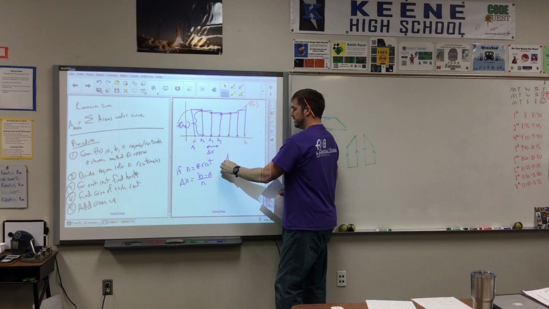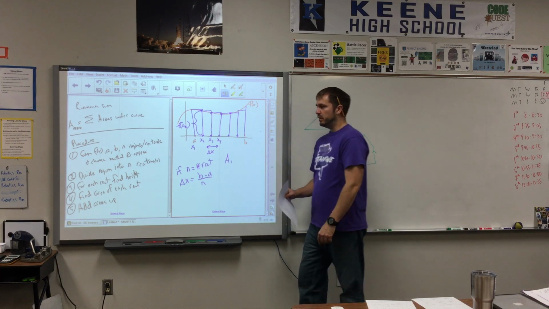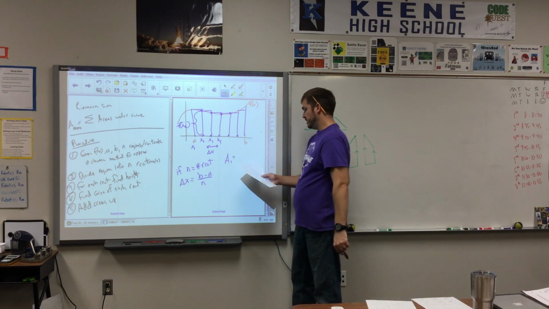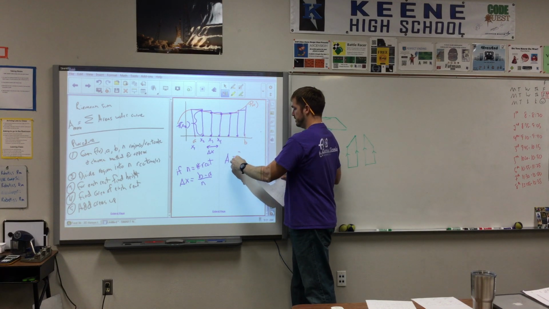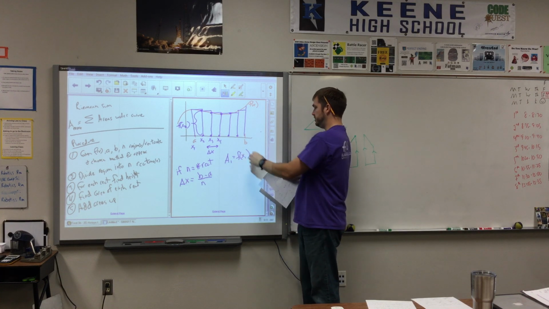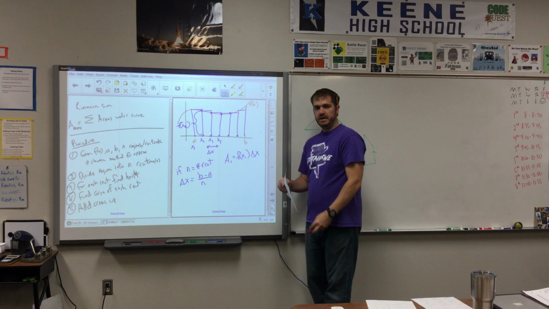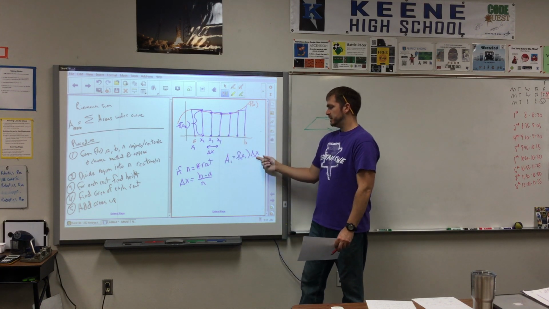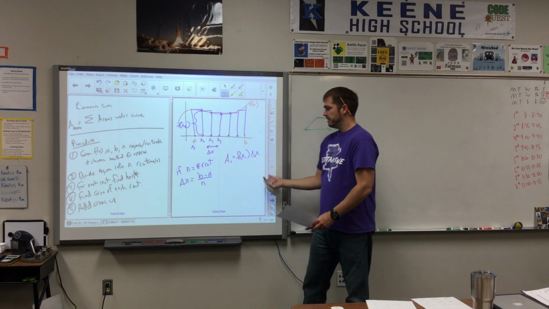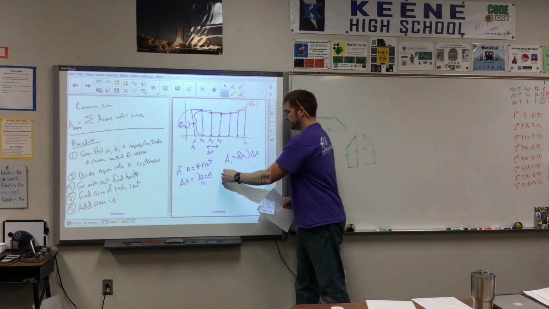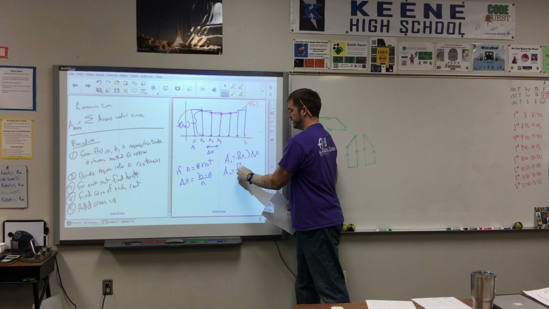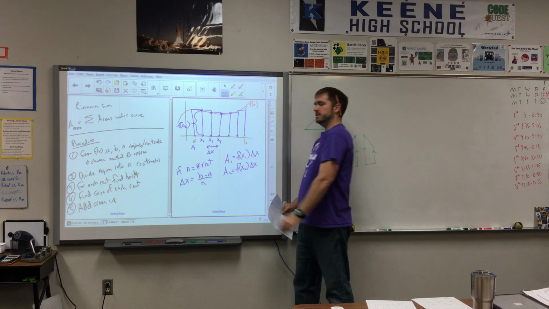So if that's the case, then the area of one rectangle, maybe this guy right here, would be f of x1 times delta x. Just the height times the width. The area of rectangle 2 would be f of x2 times delta x.